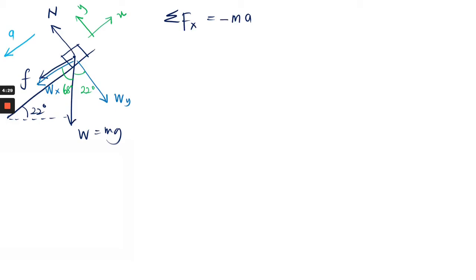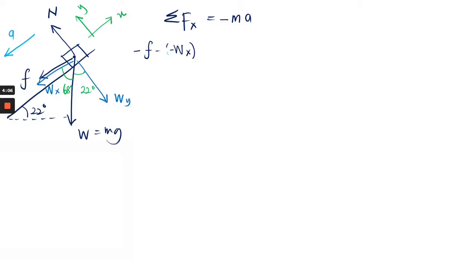We list down all of the forces that we're going to add, which are the friction force as well as Wx. Because they are also directed towards the negative x direction, it is going to be negative for both of the forces.